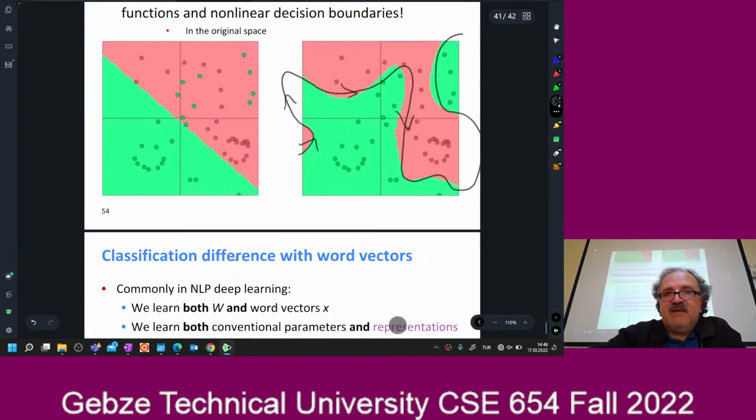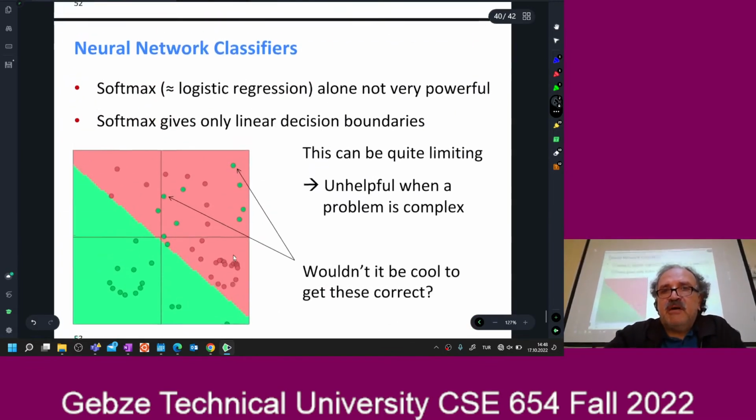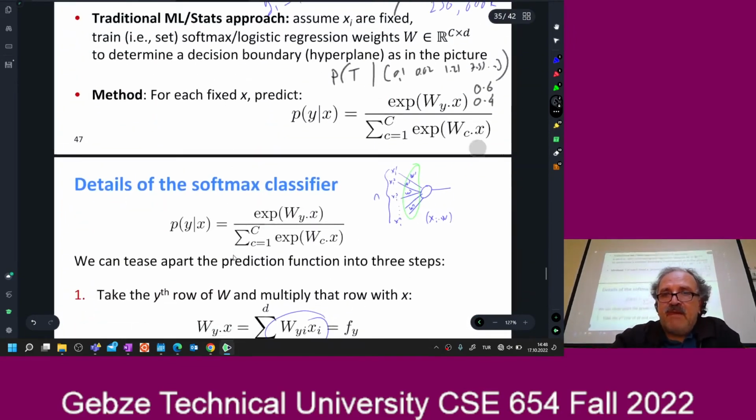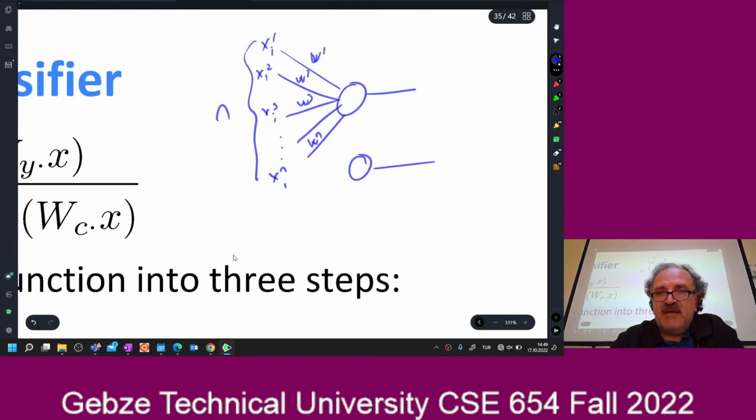In this case, we are going to use neural networks. Remember my perceptron? Where is my perceptron? Yeah, this one. So I'm going to use this. There will be another node here, and this will be an output, another one here, an output, and I will connect this one to this one too, and do the same thing here.